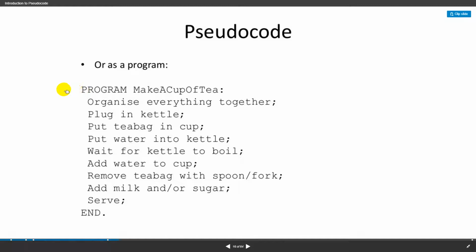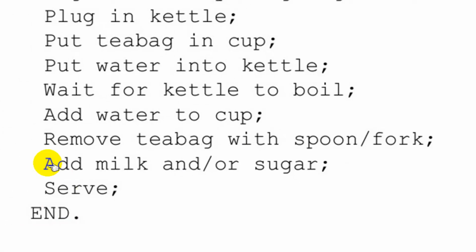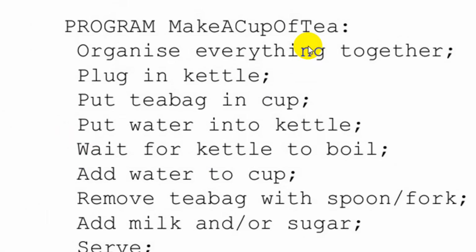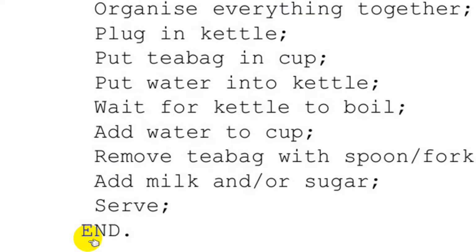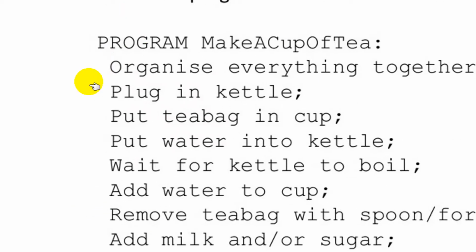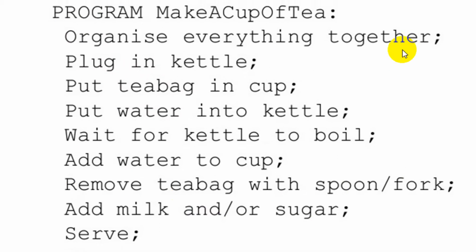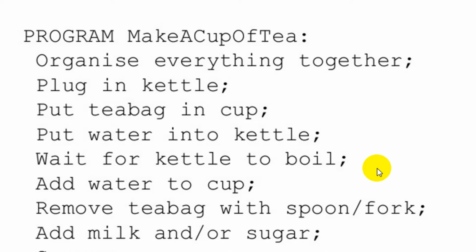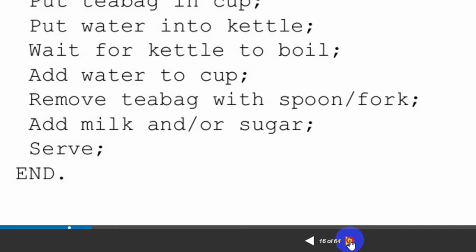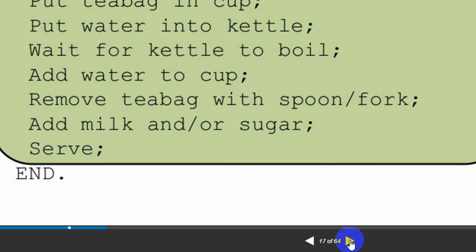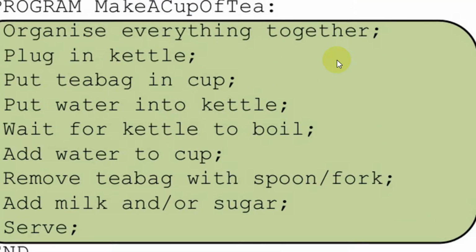This is your program, starting of the program, end the program, and all the statements that flow between. Starting program, end statement, all the statements that need to be executed between these in sequential order. That's the way it's going to look.